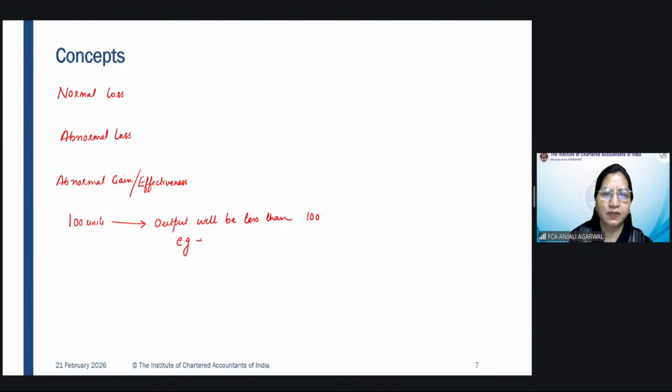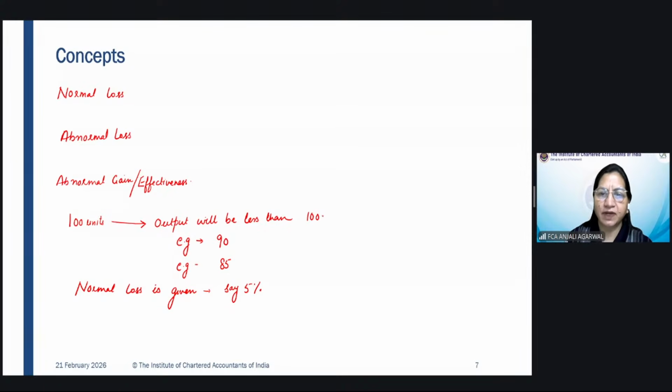For example, the output is 90 or the output is 85, and so on. A normal loss percentage is given in the question, say 5%.